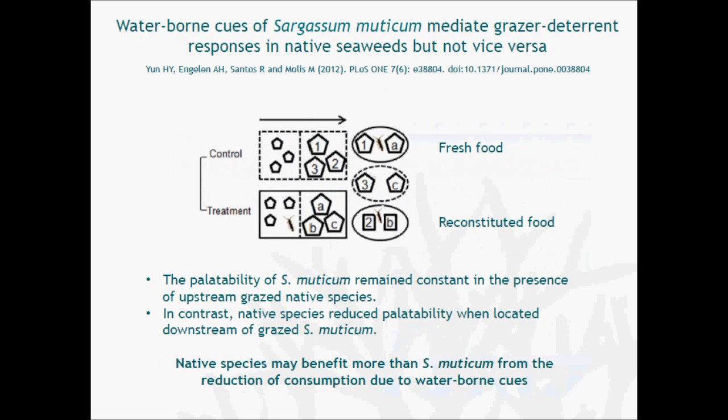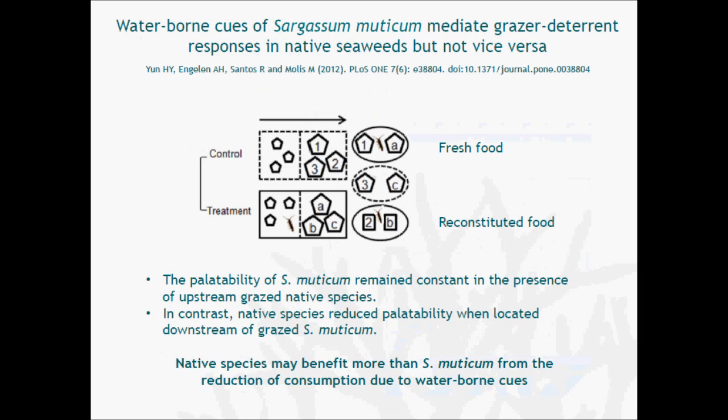Okay. And now we went to look a little bit at this problem. This is recently published. These are complex experiments. I don't have time to tell you a lot about them, but in simple terms, we have aquariums that were divided by a net.